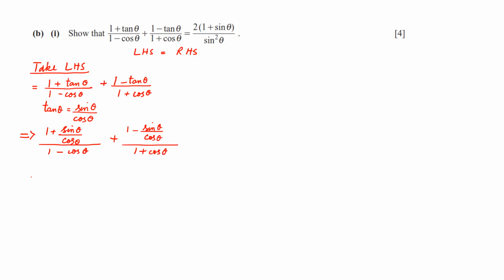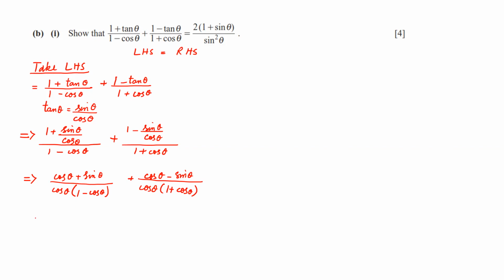Okay, so now simplifying it further, we get (cos of theta plus sine of theta) divided by cos of theta, and this multiplies with 1 minus cos of theta. Then we get (cos of theta minus sine of theta) divided by cosine of theta, 1 plus cos of theta. Okay, so this is what we get.